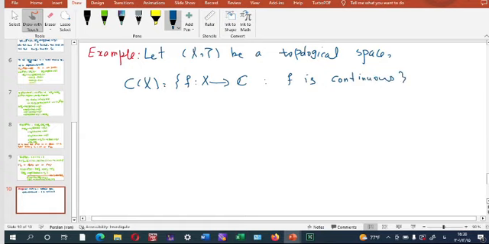So all of these functions must be continuous.